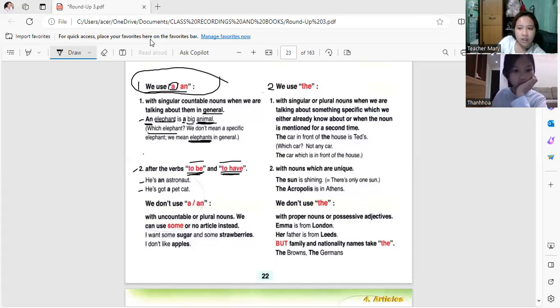I have got an elephant toy. That's correct. Very good. And how about for to be? An example where you're using an with the verb to be. How will you use an when you are using the verb to be?